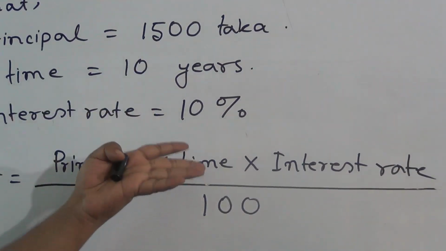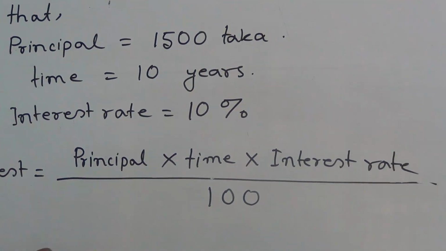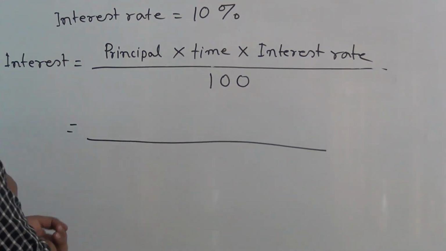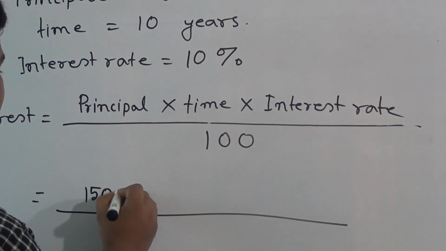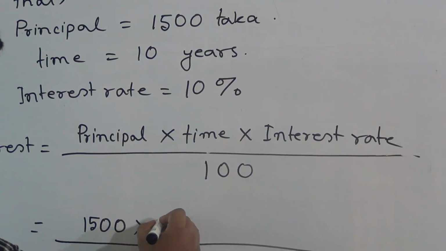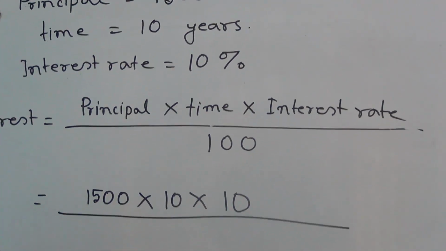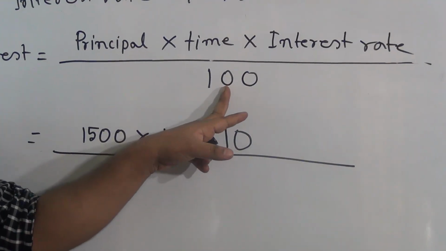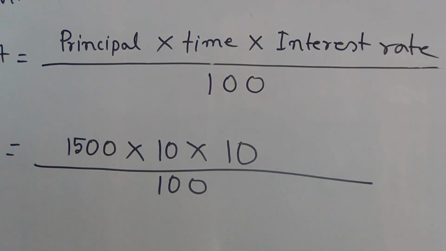So I use these values and we get the answer. Principal 1500 taka, so write 1500, time 10 years and interest rate 10. We don't write the percentage sign here because for this percentage we write here 100. I hope you have understood.